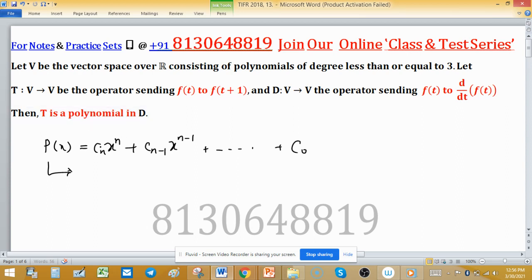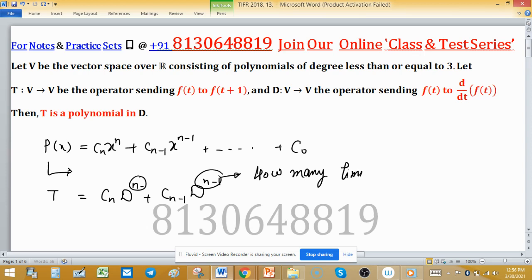If T is a polynomial in D, then T can be written as Cn D raised to the power n plus Cn minus 1 D raised to the power n minus 1. These superscripts indicate how many times we differentiate, or how many times operator D is used.